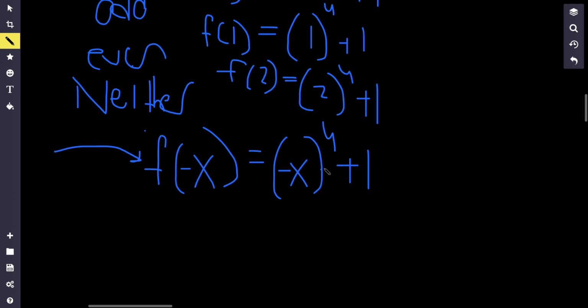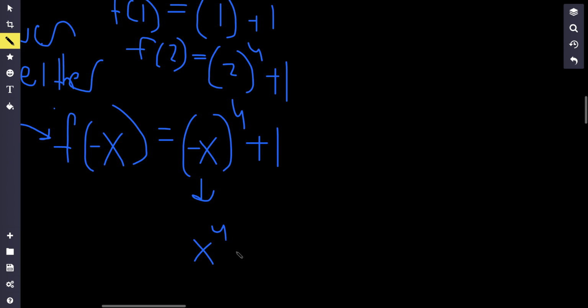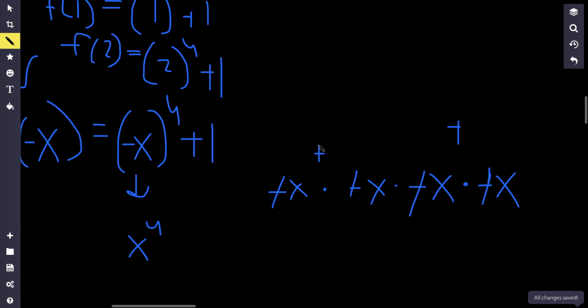And we know that negative x to the fourth power is just equal to x to the fourth power. If you have 1, 2, 3, 4 x's multiplied together, all of these negatives cancel out to make a positive. Positive times positive is positive.